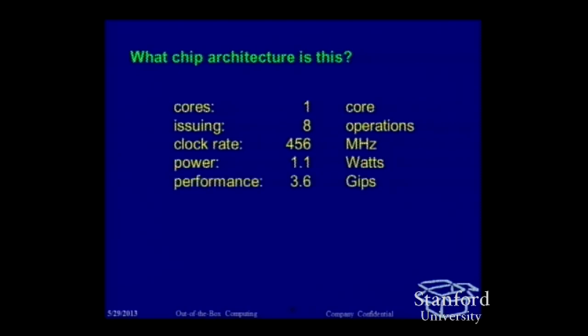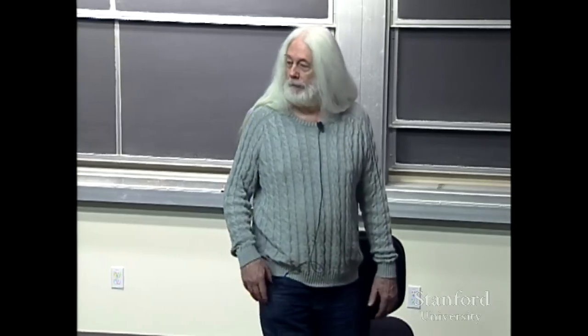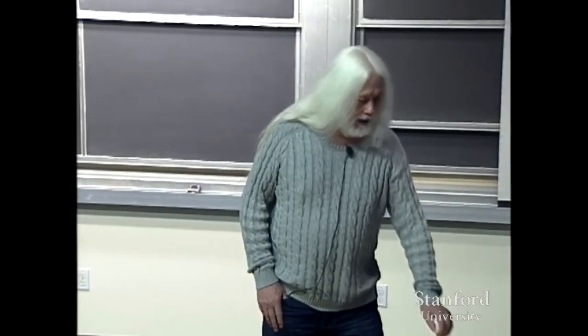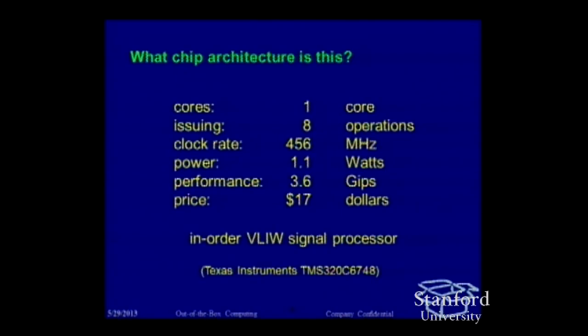Only 3 giga operations, but also only $17. Anyone want to guess what the architectural category that chip belongs to? Is it a DSP? It's a DSP, and in particular, it's an in-order VLIW DSP, and it is a Texas Instruments DSP.